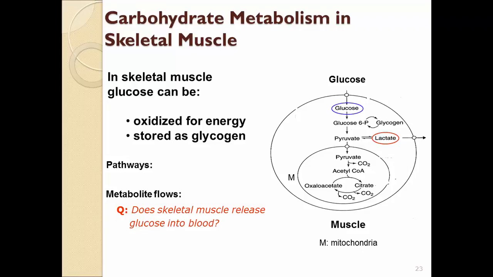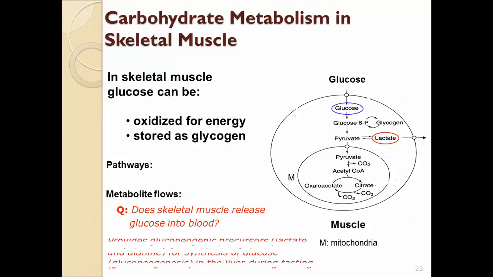It does not, right? And the reason is that muscle will not directly release glucose into circulation because muscle lacks glucose 6-phosphatase, right? We will talk about this later again.